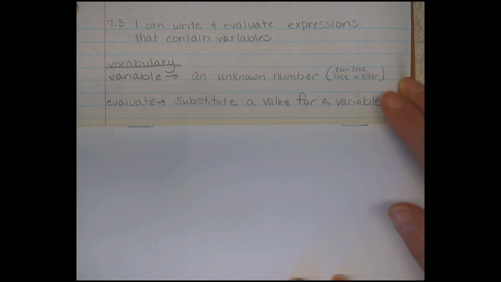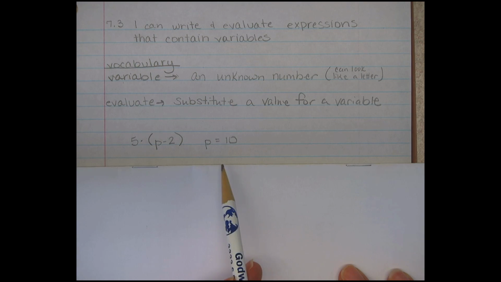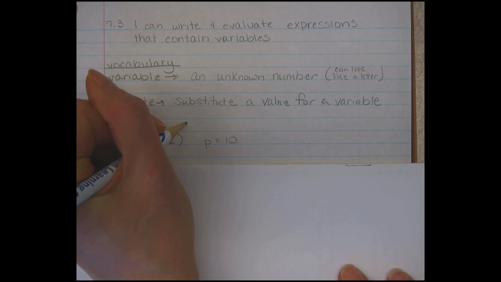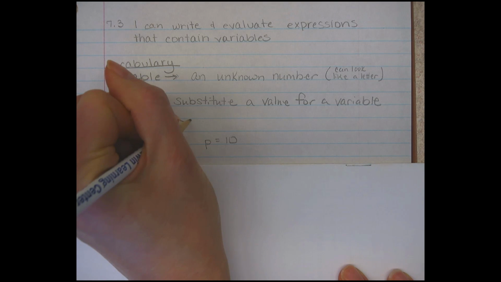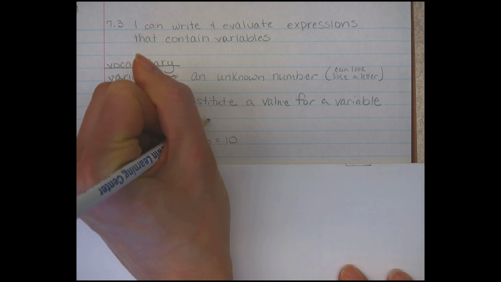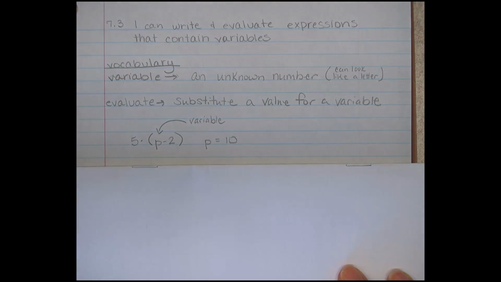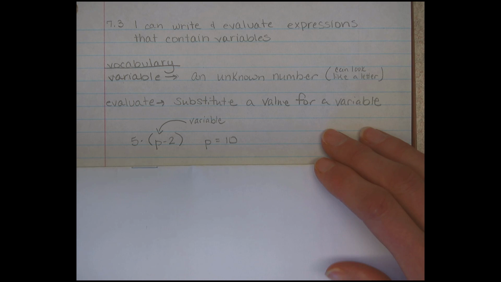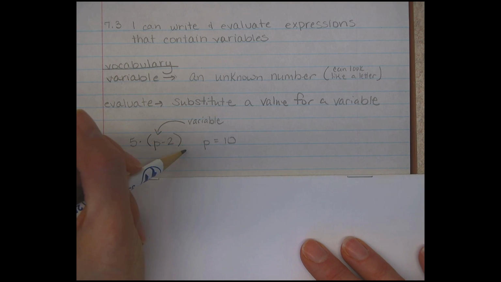So we have here an expression. The variable in this case is the letter P, so you can also label that so you can see it in the actual problem or expression. And then the actual expression, as you remember from before, is this little section right here.